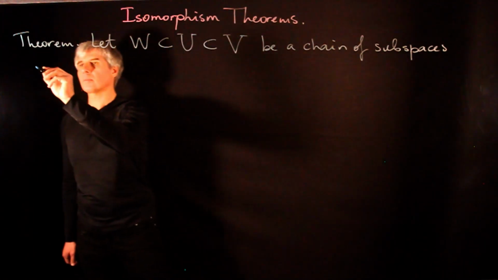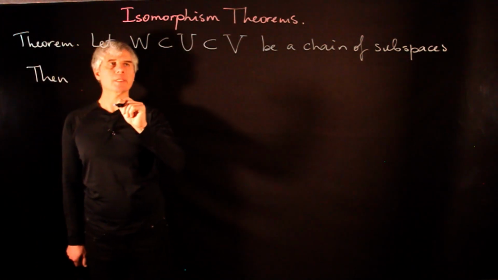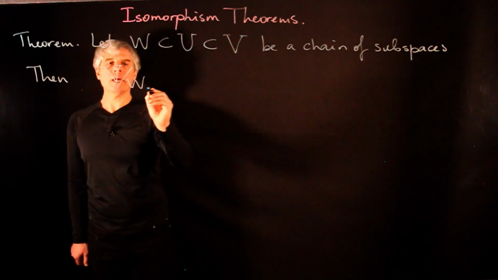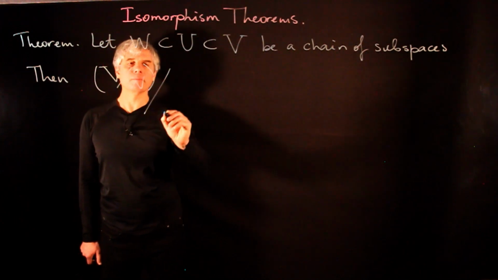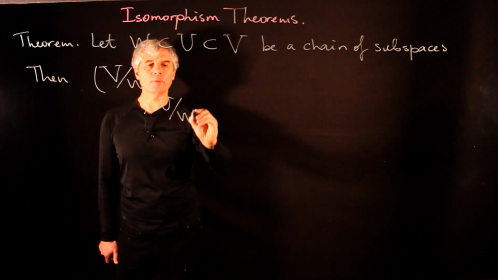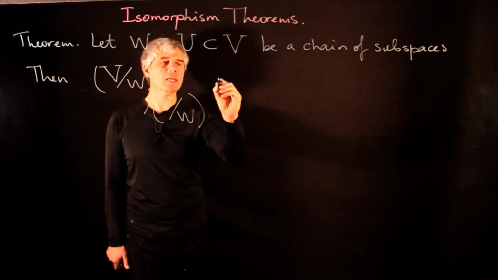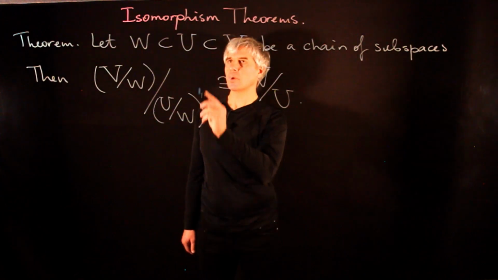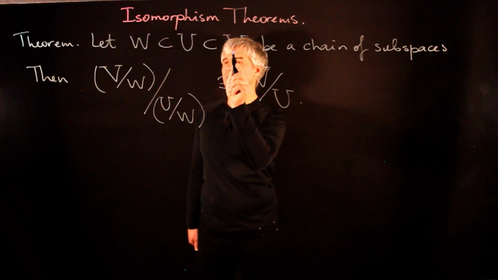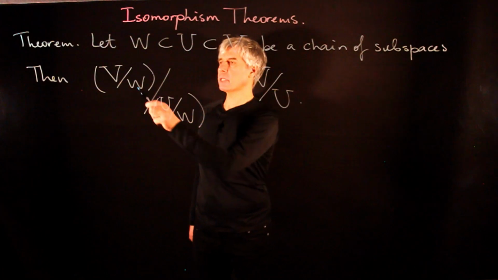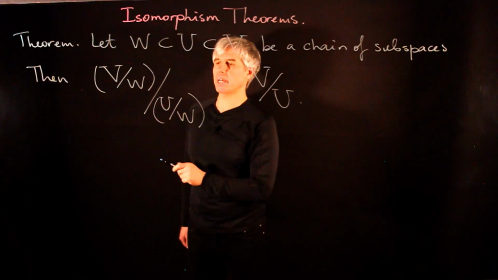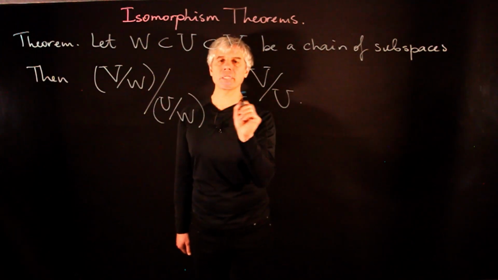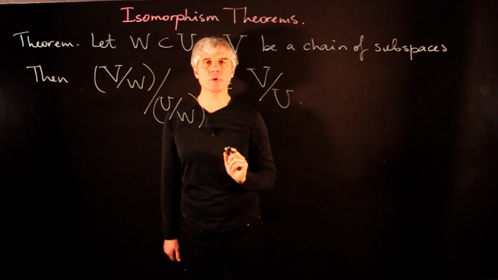Then we take V quotient by W and quotient this by U quotient by W. Then this is isomorphic to V quotient by U. So here, since U is a subspace in V, U quotient by W is a subspace inside V quotient by W. And so then we can form this quotient. And the claim of this theorem is that these two quotients are isomorphic.